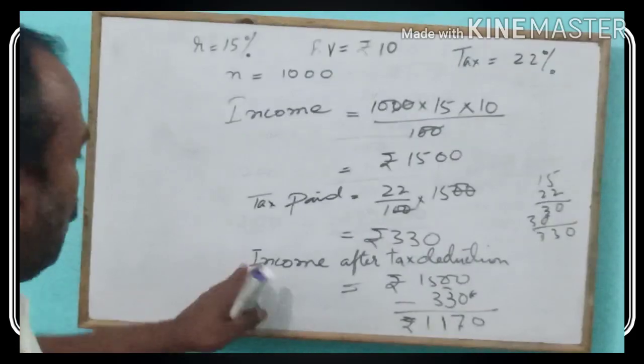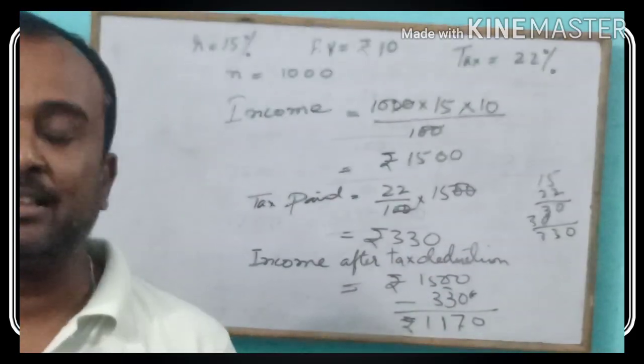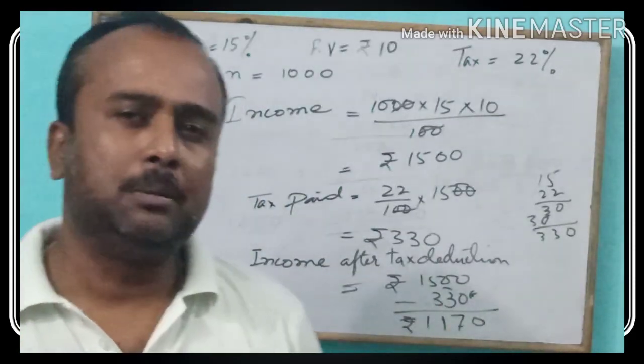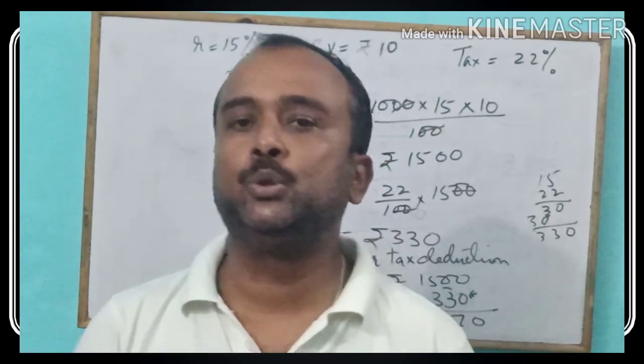Well, this was the income he gets after paying tax of 22% to the government. With these few questions, I think you will be able to solve much of the exercise.